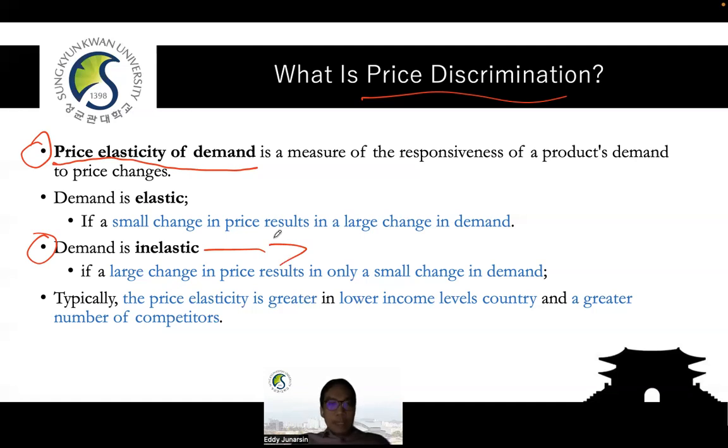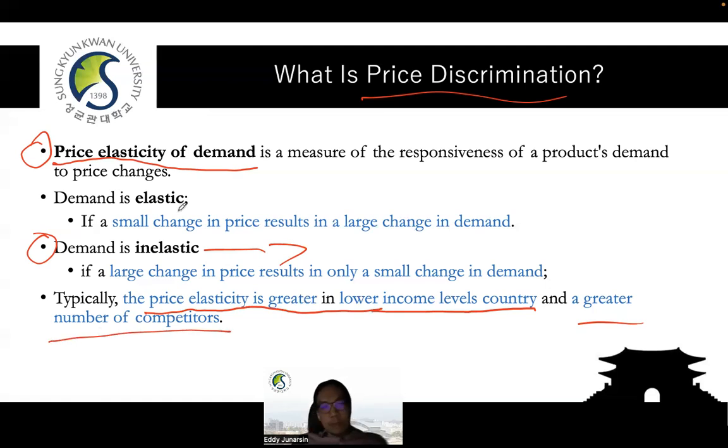And we see here the price elasticity is greater in lower income level countries and where there are a greater number of competitors.